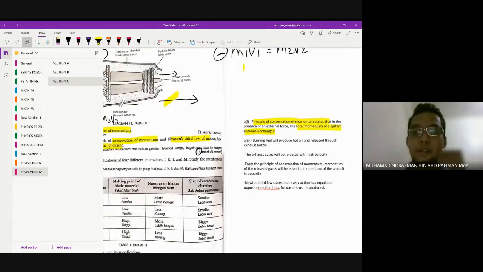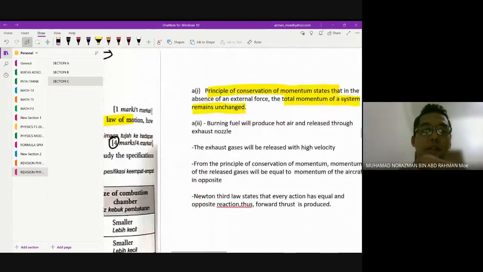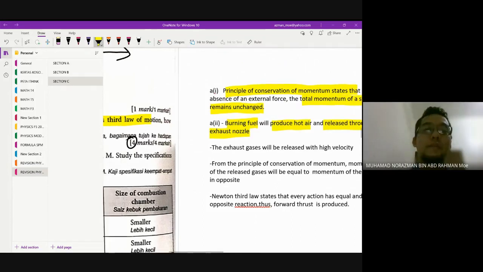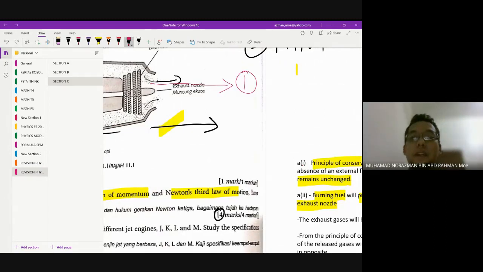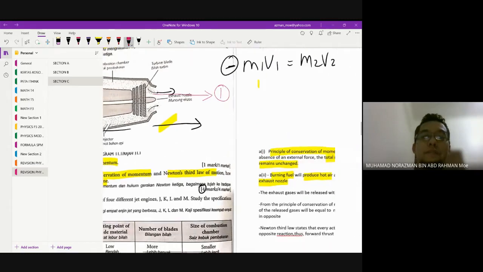First, I will say the burning fuel will produce hot air and release it through the exhaust nozzle. So the first step is that the gas will be released in this direction.